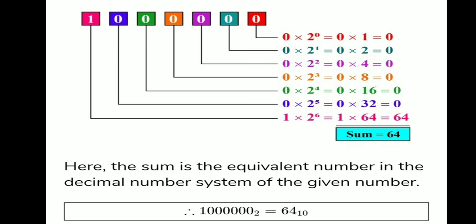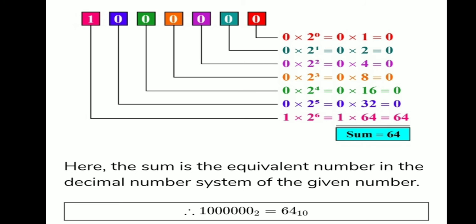So I already explained you in the last session, the number system is having their positional value, and always you should start from the left hand side. What is the positional value of this leftmost bit? 2 to the power 0. So you should multiply the face value and the positional value.